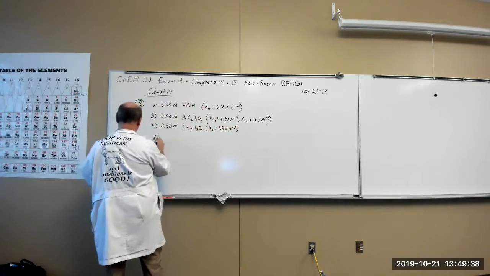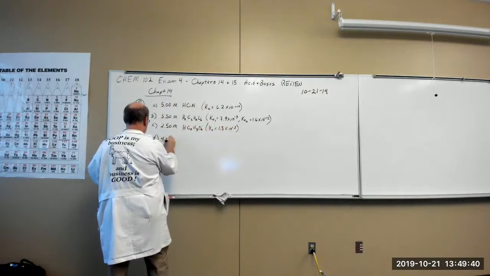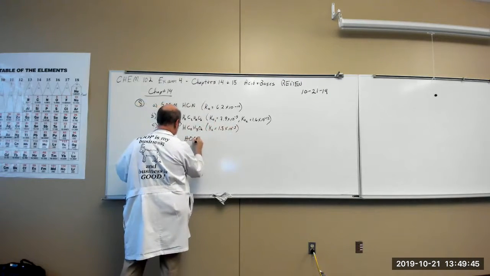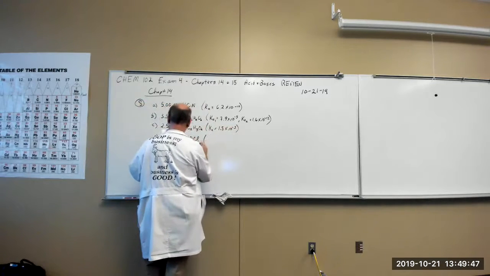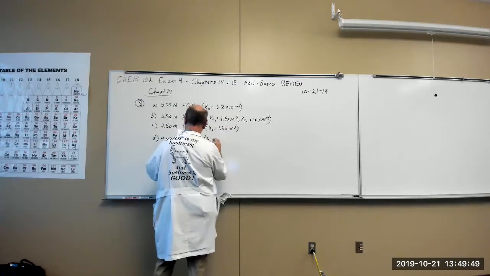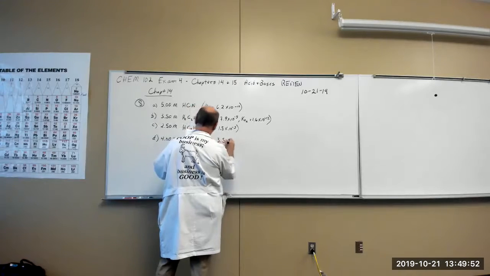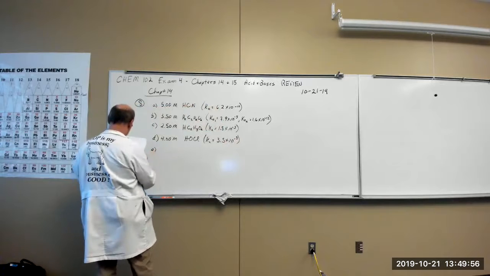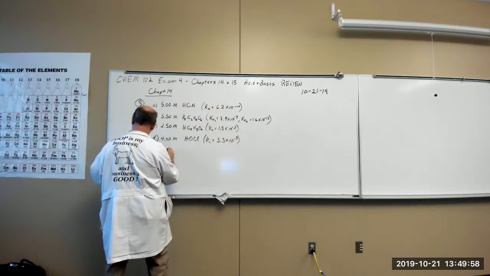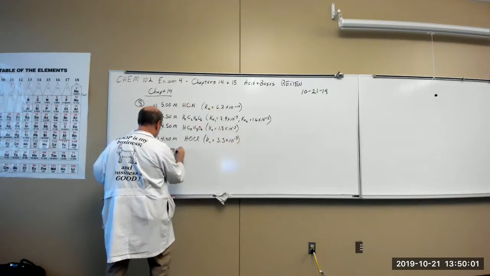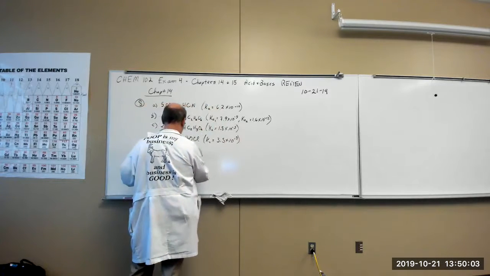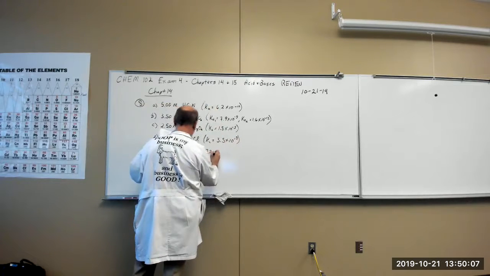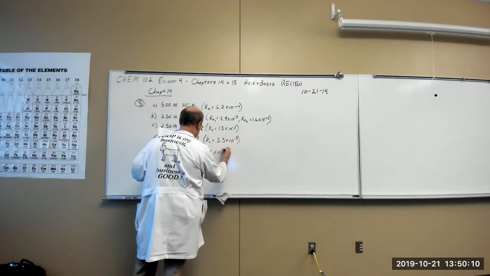And then D, 4.0 molar HOCl, hypochlorous acid. Ka equals 3.5 times 10 to the minus 8. And then the last one, 1.0 molar HF with a Ka equal to 7.2 times 10 to the minus 4.